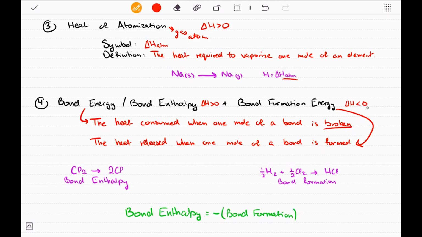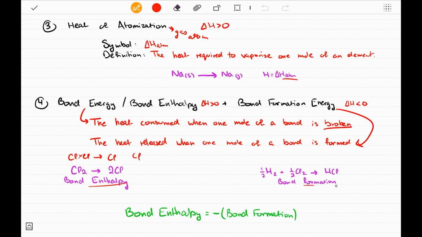If we look at any two equations down here, here we have a chlorine molecule that is bonded to another chlorine molecule. And what we did was we just turned them into two separate atoms on their own. So this is bond enthalpy. We're breaking a bond. In this reaction, we start with hydrogen and chlorine as separate atoms or separate gases, and we combine them together to make HCl. So this is bond formation.